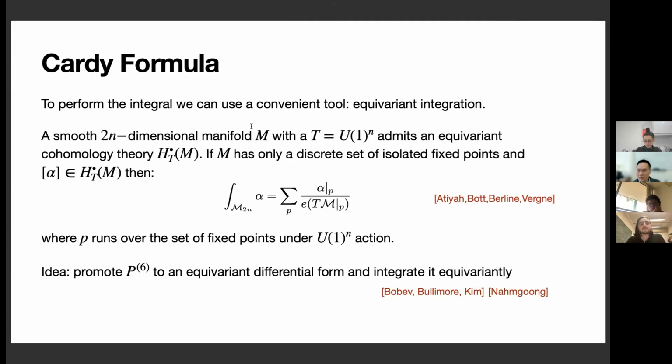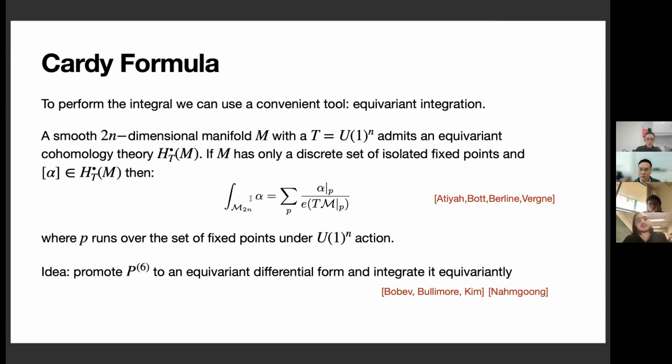there is a trick that we can use, which is very convenient in the study of supersymmetric theories. We can use something called equivariant integration. So if you have a smooth even-dimensional manifold which admits a toric action, you can always define on this manifold a new cohomology theory, that is the equivariant cohomology. And if this manifold has a discrete set of isolated fixed points, you can then prove a very important equivariant localization formula.